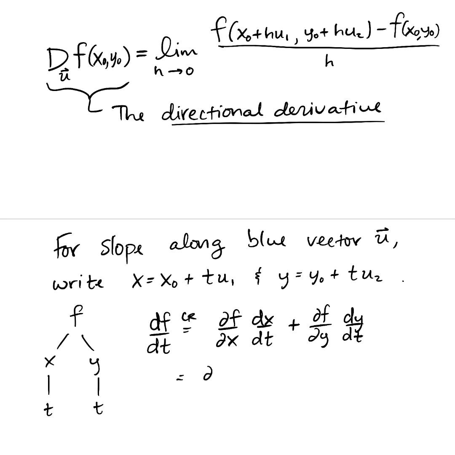All right, let's compute these things. So you got df/dx. Okay, now look at dx/dt. Look right here. The derivative of x with respect to t is nothing other than u1. Likewise, the derivative of y with respect to t is nothing other than u2.